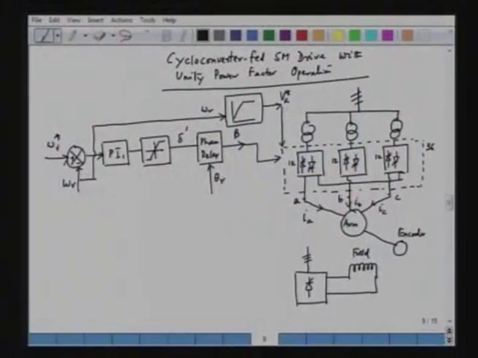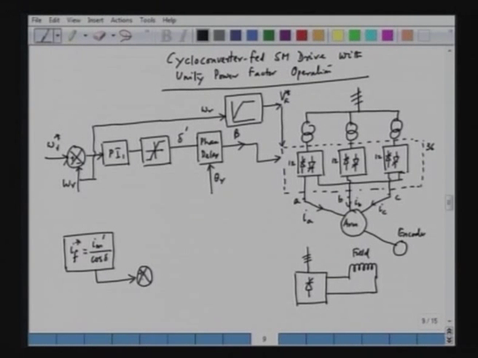What is the equation? If prime equal to Im prime by cos delta. So, what we have here is the following. We can generate the reference current of the field winding If star, that is equal to the magnetization current Im prime by cos delta, and this becomes the reference current for the field winding.